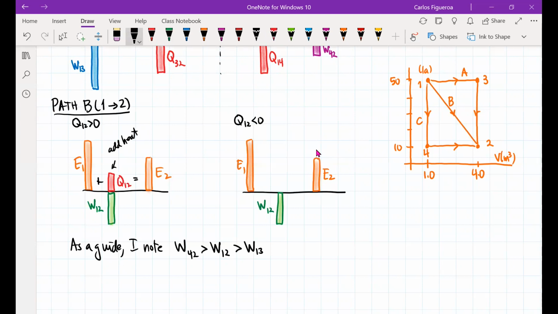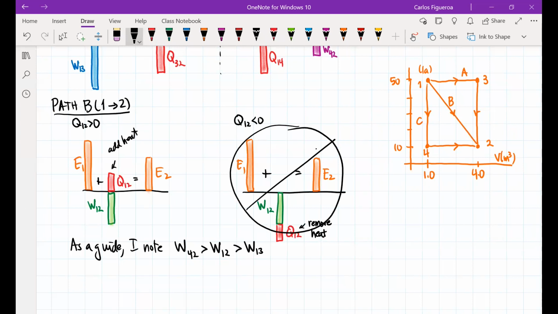But because of the way the work is, if I try to add any kind of heat, regardless of what is actually happening, you're seeing that I could never get to that same final state as when I'm removing heat. So here, I remove heat. So what this tells me is that the only possibility is adding heat.